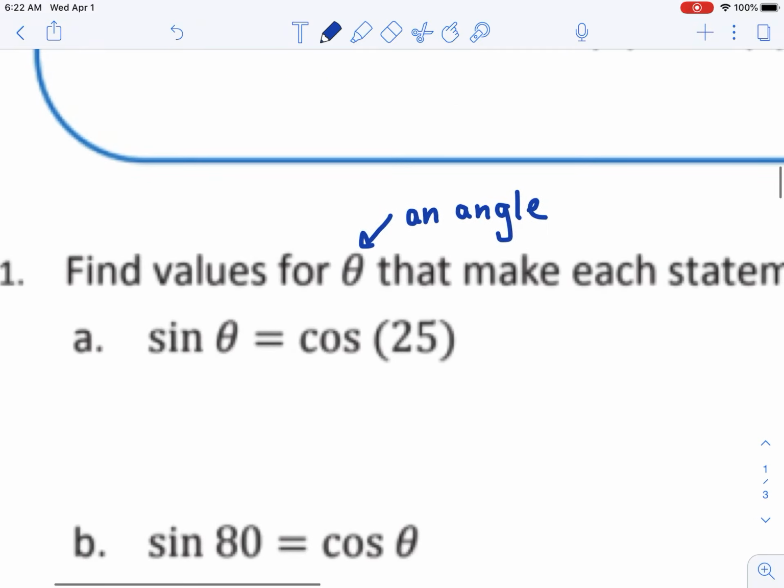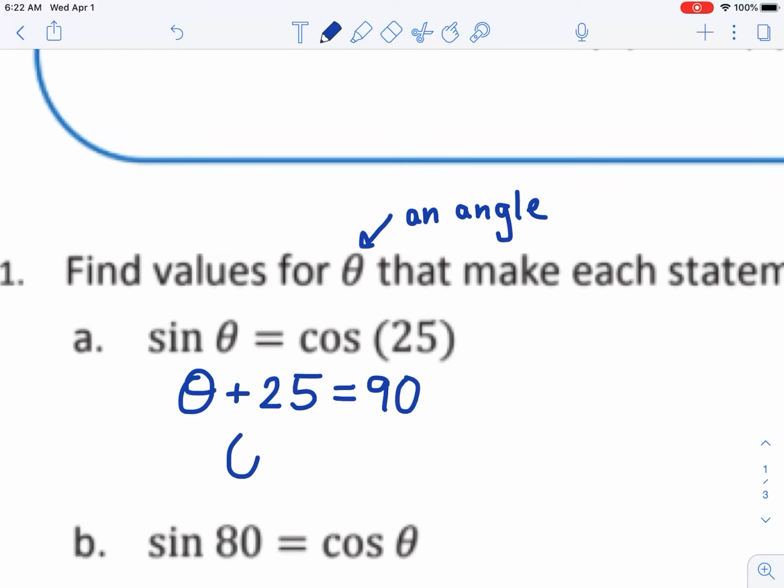So, when is the sine of an angle going to be equal to the cosine of 25 degrees? When the two angles are complements. So that only happens when theta is equal to 65 degrees.